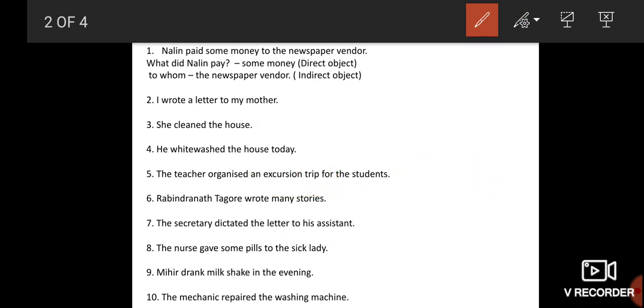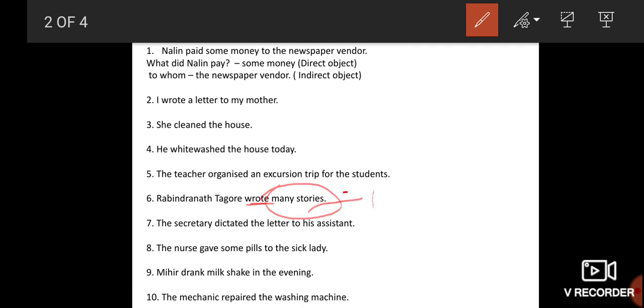Next sentence. Rabindranath Tagore wrote many stories. Rabindranath Tagore wrote, this is a transitive verb. You have to underline this as a transitive verb. What did Rabindranath Tagore write? Many stories.